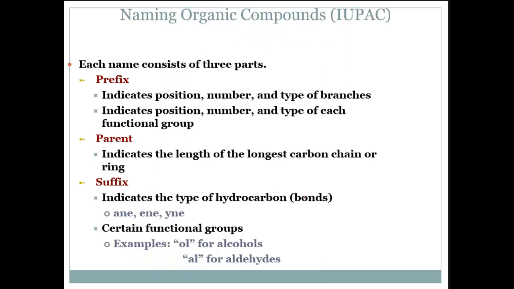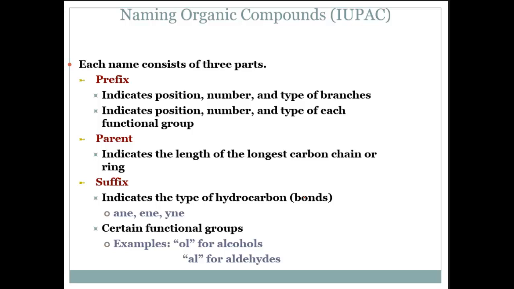For naming these, each name consists of 3 parts: a prefix, a parent, and a suffix. A prefix indicates the position, number, and type of the branches coming off of that main chain. It indicates the position, number, and type of the functional group as well.